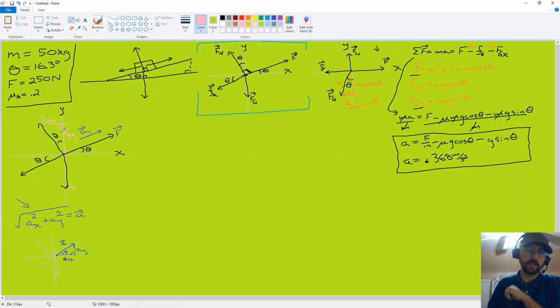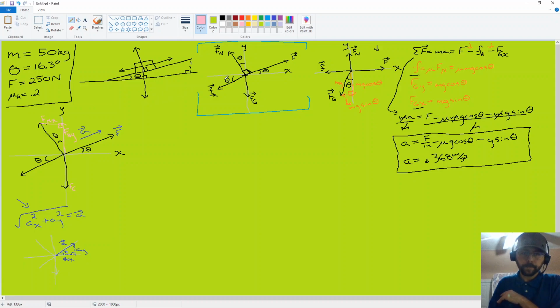It needs to be a certain length based on the other items in this setup. But this normal force also needs to be a certain length based on the items in the setup. So these two lines right here are not arbitrary. And if two of the three lines in a triangle are not arbitrary, then neither is the third line. Every one of these lines has to be a certain length.